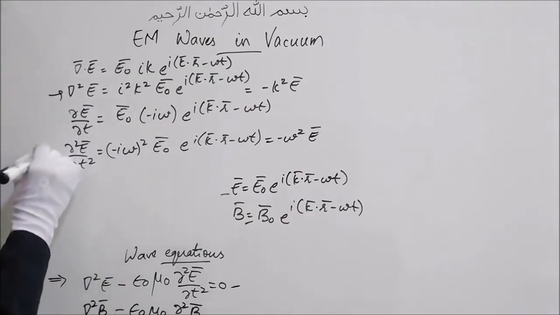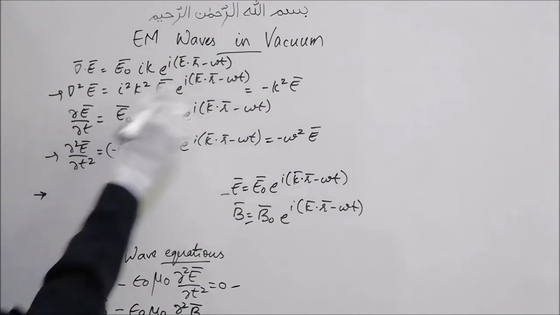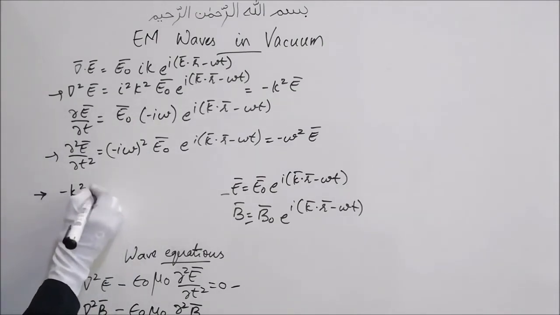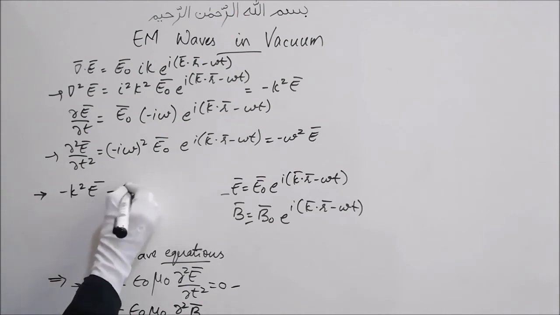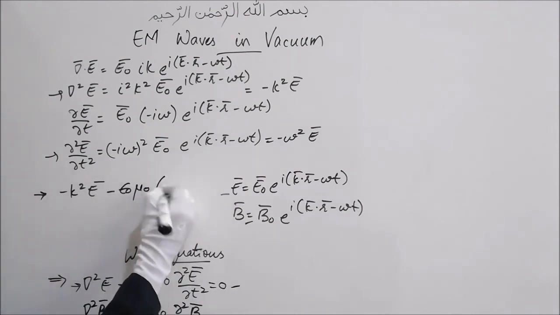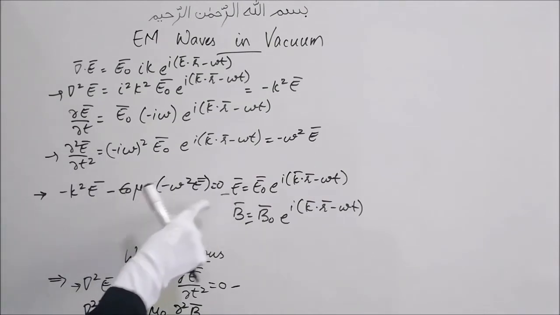Put this and this in our wave equation for electric field, we will get minus k squared E bar minus epsilon naught mu naught times minus omega squared E bar is equal to 0.